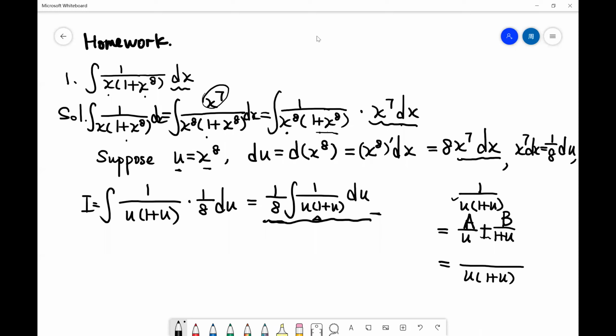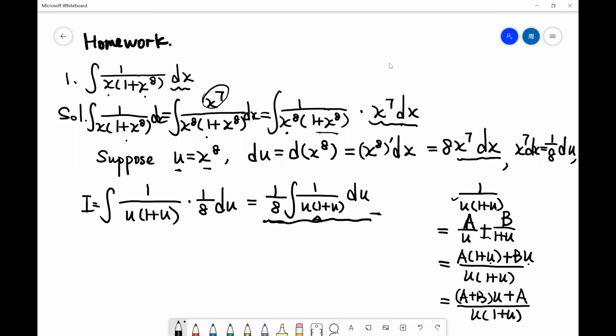The first numerator should be a times 1 plus u, and the second should be b times u, and we put all the u together. So the denominator is u times 1 plus u, and the numerator is a plus au, right? So that is a plus b u, and then plus a.